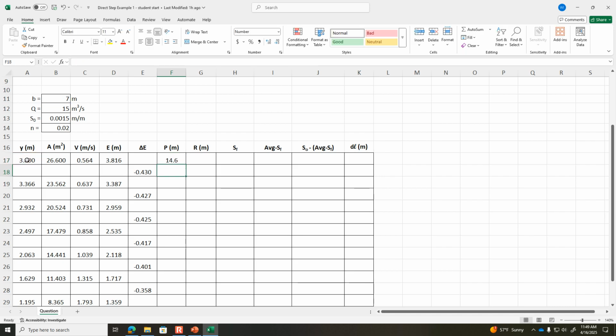Since it's a rectangular channel, that gives us the wetted perimeter. Hydraulic radius will be easier for us to calculate now because we have hydraulic radius is area divided by wetted perimeter.